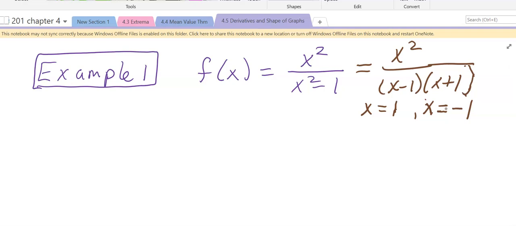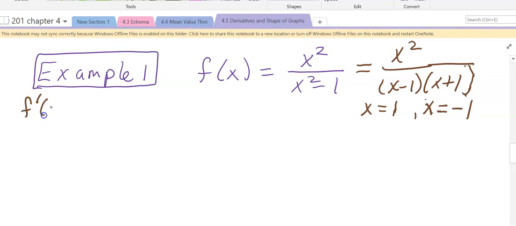Now that I know that these are not in the domain, I can find the first derivative of the function. You can either use the quotient rule, or you could rewrite x squared minus 1 as x squared minus 1 to the negative 1 power and use the product rule. It doesn't matter, you'll get the same result either way. I'm going to apply the quotient rule.